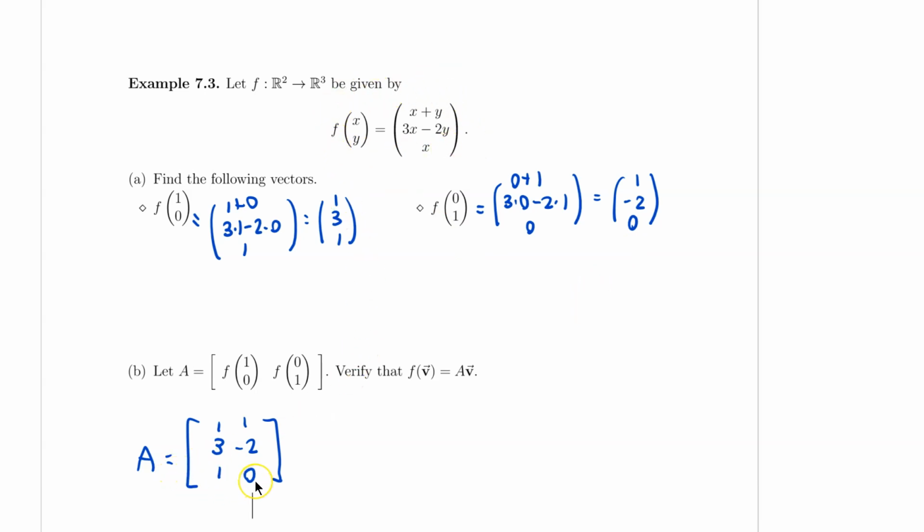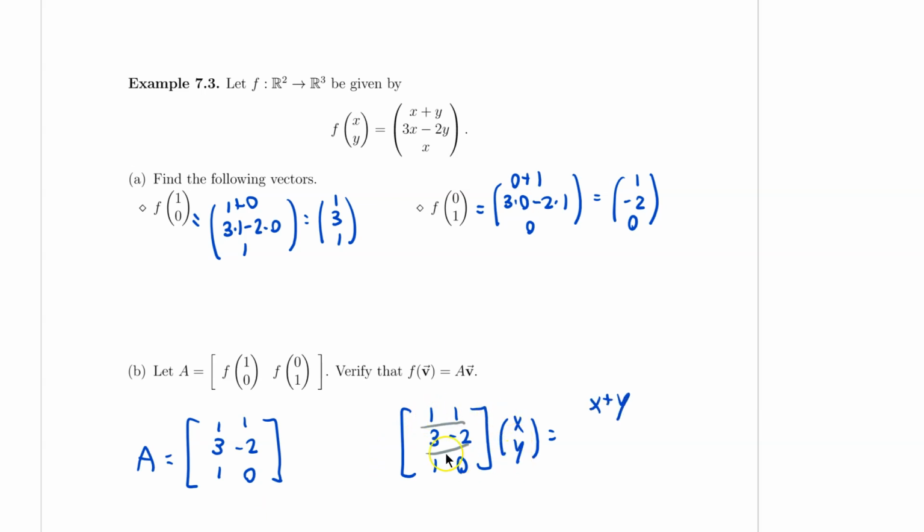multiplying by matrix A. And to check, I can multiply the matrix A, which is 1, 1, 3, negative 2, and then 1, 0 to any vector (x, y), and let's see what we get. If we were to multiply this thing, the first entry is going to be 1 times x plus 1 times y, so that's going to be just x plus y.